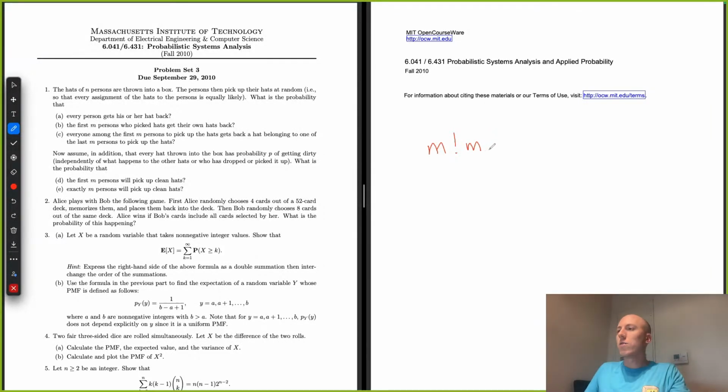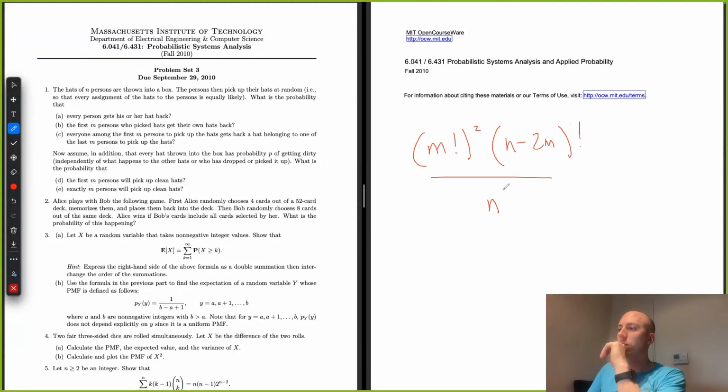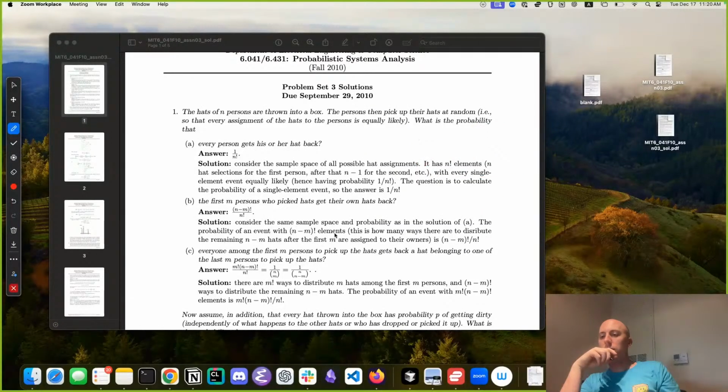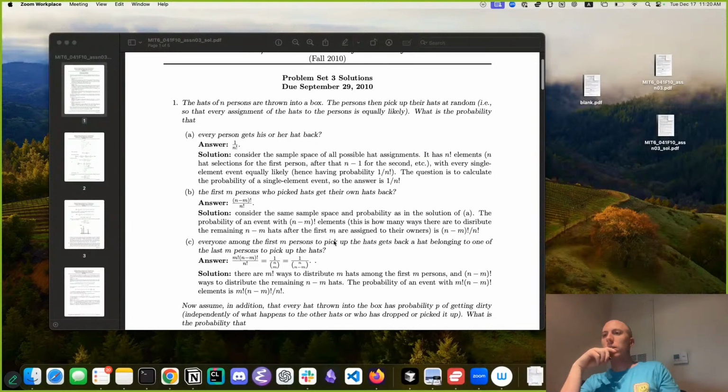It's interesting to write it like m factorial squared times n minus 2m factorial. Interesting. Yeah. Oh well. Okay.